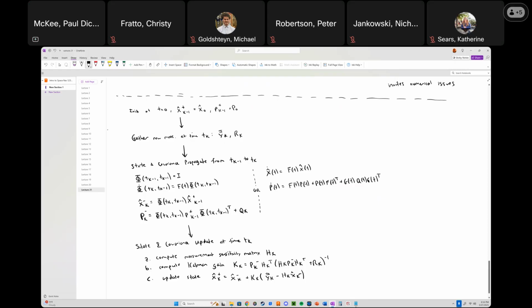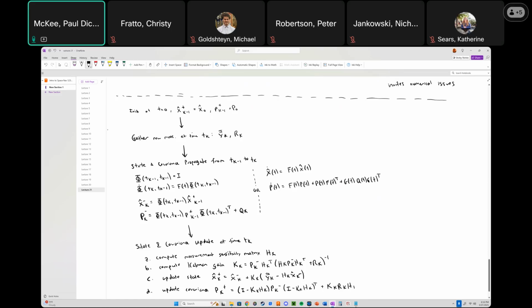Okay, finally, update covariance. So this is going to look like Pk plus is equal to I minus Kk Hk, Pk minus, I minus Kk Hk transpose plus Kk Rk Kk transpose.